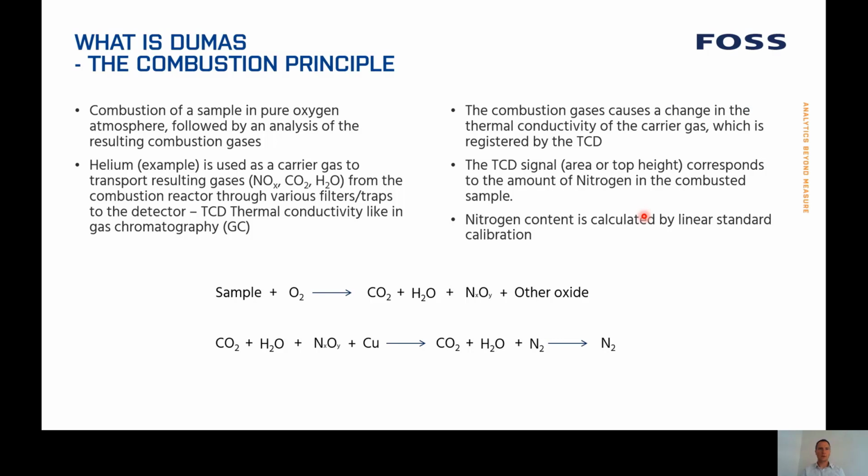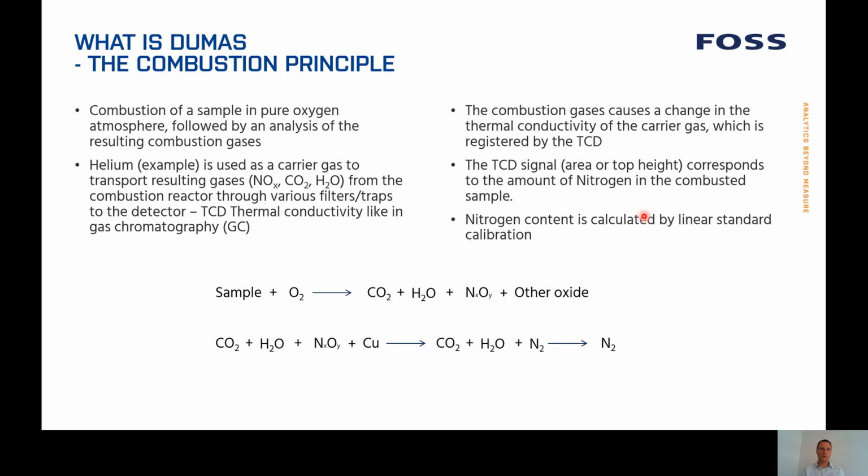So the Dumatec and the Dumas method use a combustion principle where the sample is combusted with oxygen, and helium is used, or in some cases argon, for transporting the combustion gases.